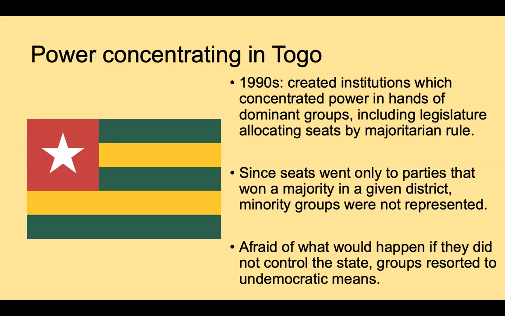And so what we saw is that these groups, unable to access politics, became afraid of what would happen if they did not control the state. And they began to resort to undemocratic means as a result.